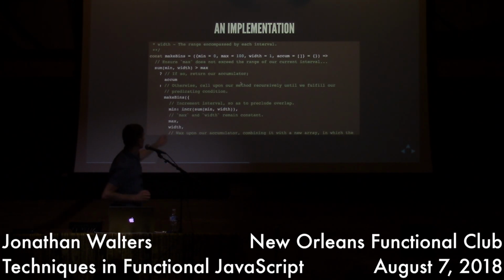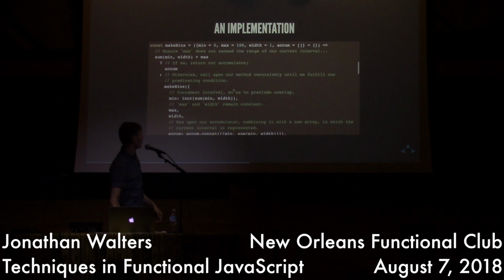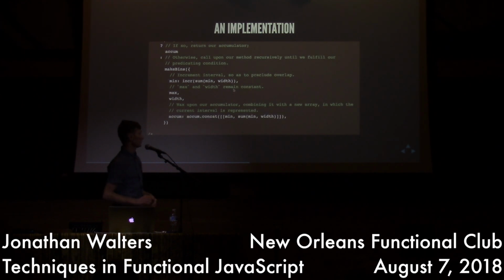So first, we'll ensure that we have not exceeded the max value that we've passed. If it is equal or greater, we'll simply return our accumulator value, and that accumulator will start out as just an empty list. In all other cases, we're going to recursively call our function, referencing it as makeBins.